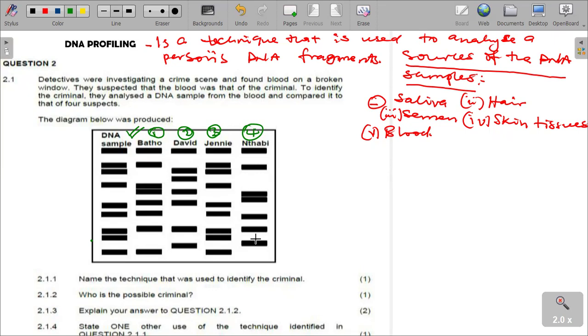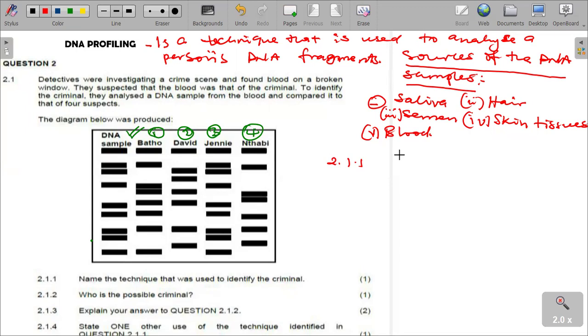So let us quickly answer these questions. The first question is: name the technique that was used to identify the criminal. Question 2.1.1. What technique was this?